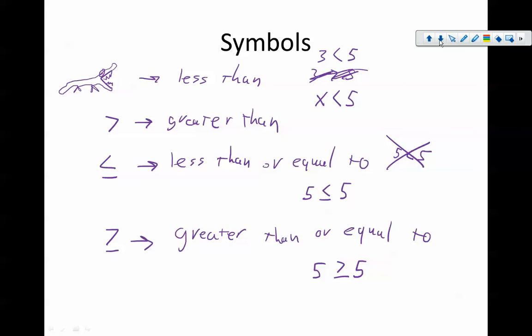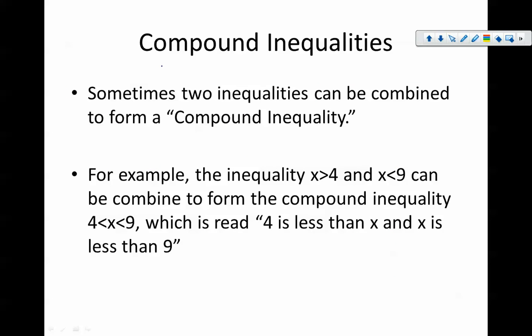Finally, the last thing we need to talk about before we look at some examples is this thing called a compound inequality. Sometimes two inequalities can be combined to form a compound inequality, just like you can have compound words, like do not becomes don't.